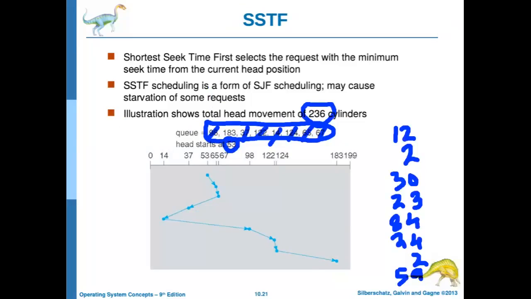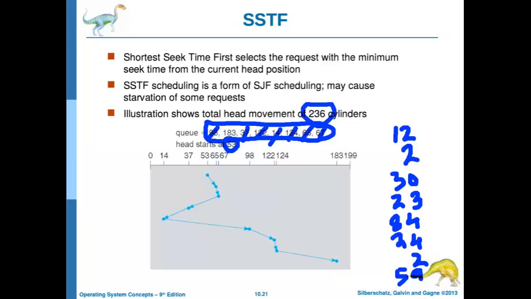But again, the problem is whenever the disc arm starts at, say, some sort of one end, okay, whenever you reach the other end, say for example, in this example, 199, now the distance between 14 and 199 is not 199 minus 14.